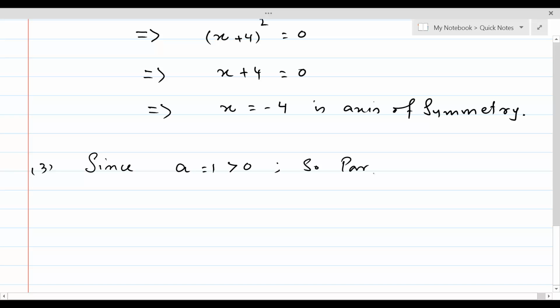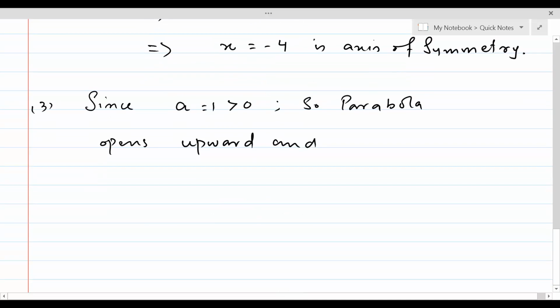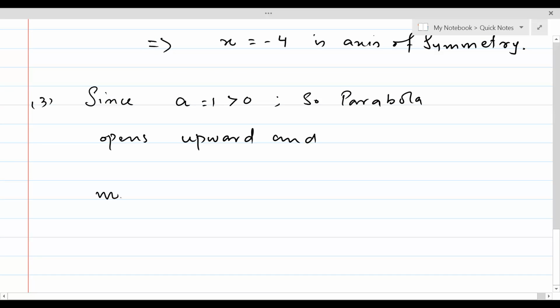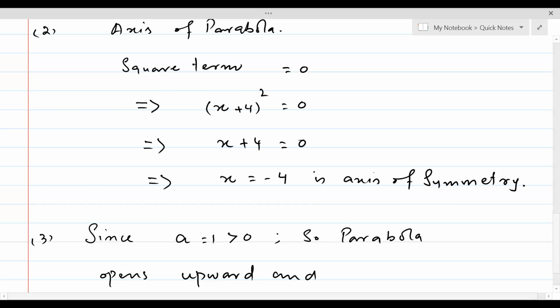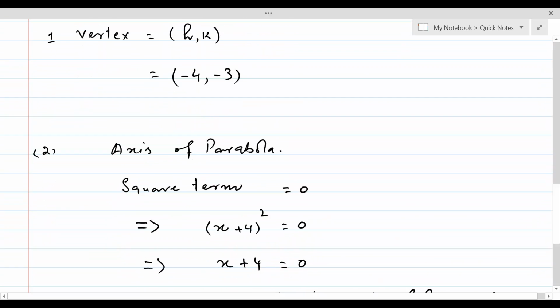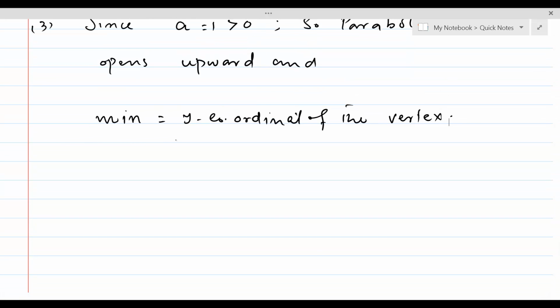So the parabola opens upward, and the minimum, if it opens upward, is equal to the y coordinate of the vertex, and the y coordinate of the vertex is minus 3. So this is equal to minus 3.